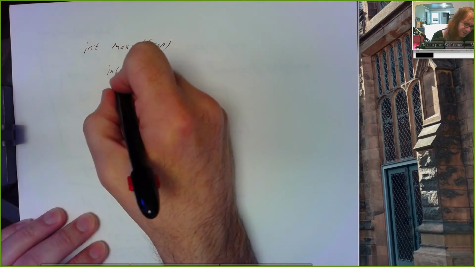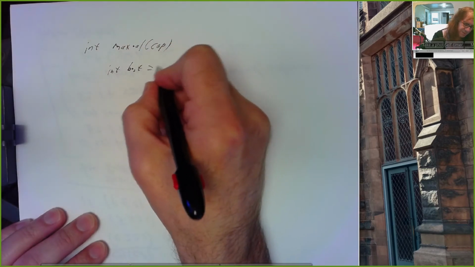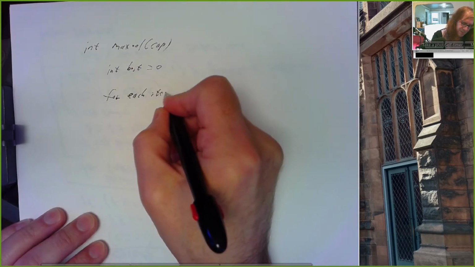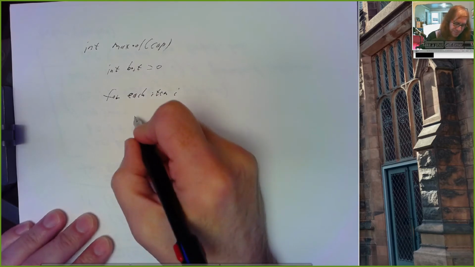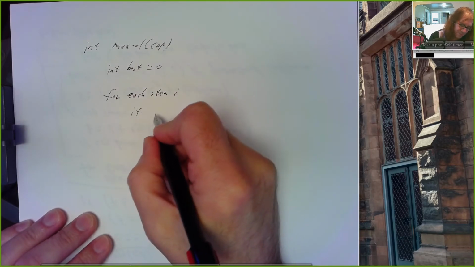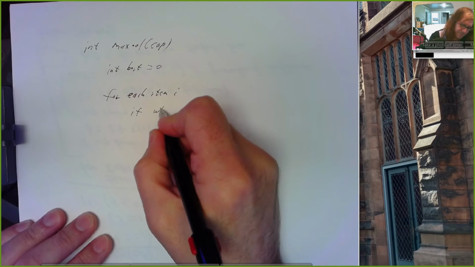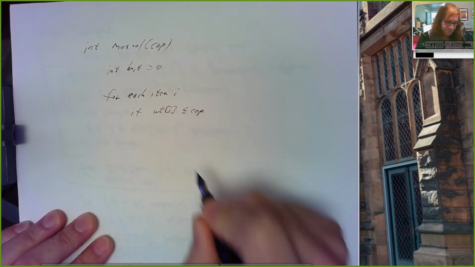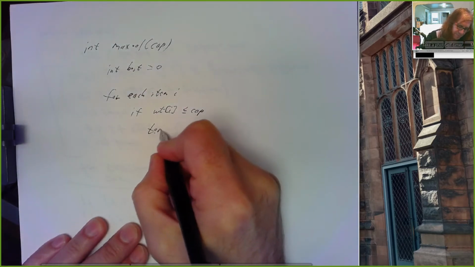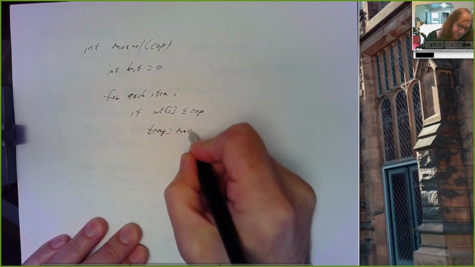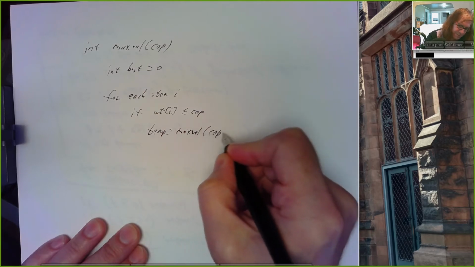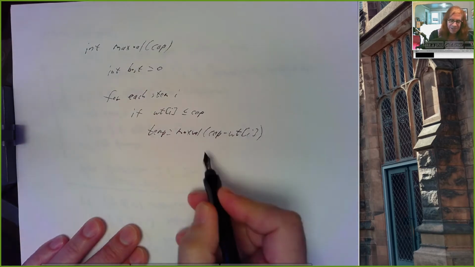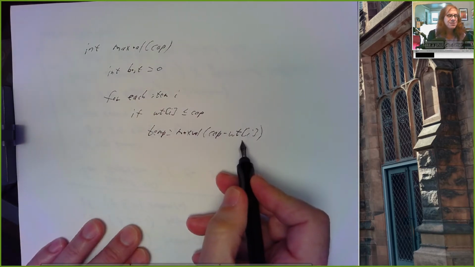and we do something like this: integer best equals 0, for each item I, if weight of I is less than or equal to capacity, call your maxval function to find the maximum value you can get from a bag that holds that much less stuff.